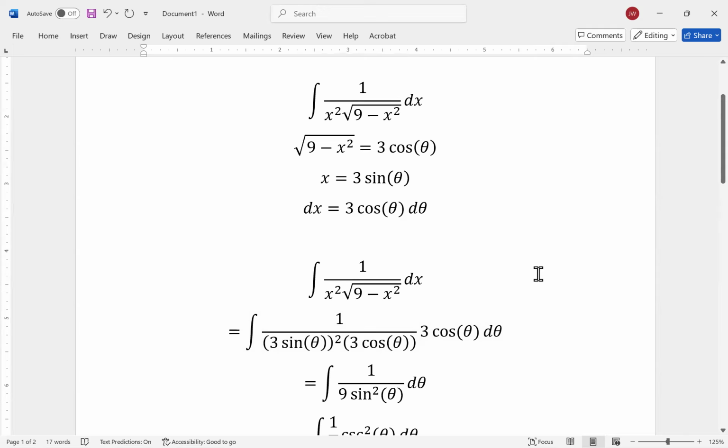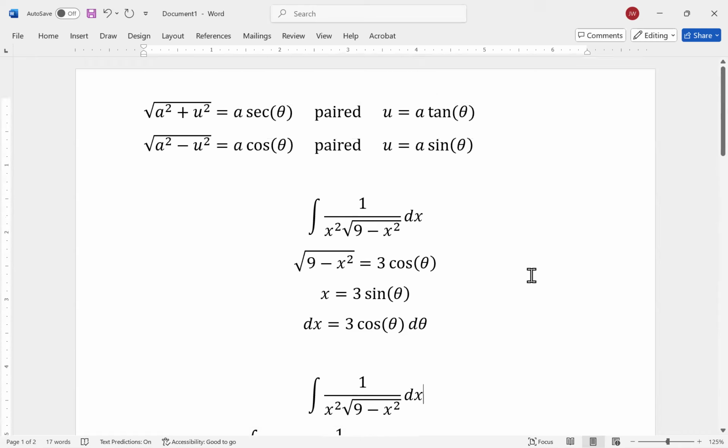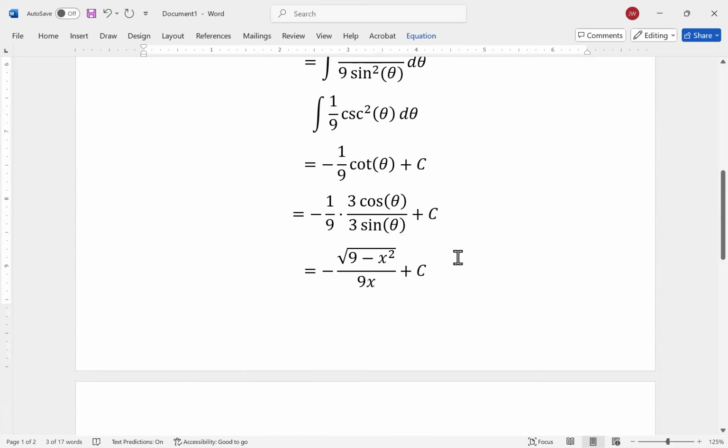So that's our trig substitution, and it all depended upon using this pairing. This ugly square root, in this case, was the a times cosine theta. The u, or the x in this case, was a times sine theta. And we get that as my final answer.